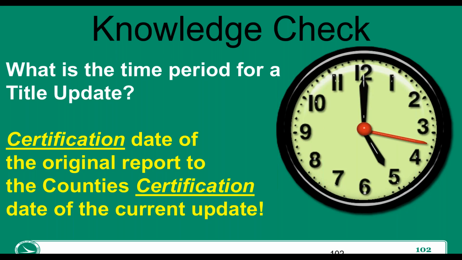Basically, you started from when the original title report ended, up to when the county says, okay, all our documents are in and you can pull anything and see everything up to this date. And remember, that date will not always be the same date that you're working on. I've seen counties 2 weeks behind, so you really got to pay attention.